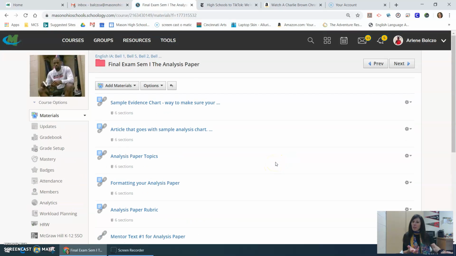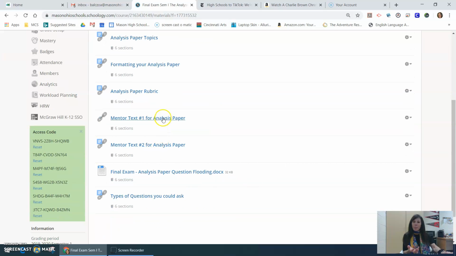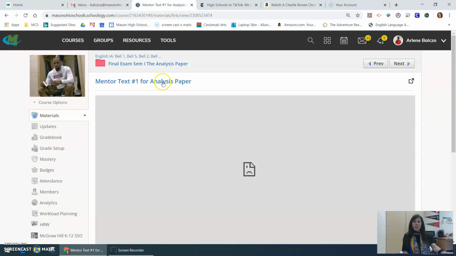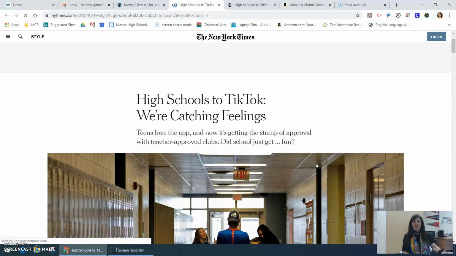So I have all kinds of things in this folder to help you. We are looking, in some of the classes we already did, and in some of the classes we're going to do today and tomorrow, at a mentor text. So this right here says mentor text number 1 for the analysis paper. Basically, it's an analysis paper on the app TikTok, and one school in Florida actually created a club for TikTok fanatics.